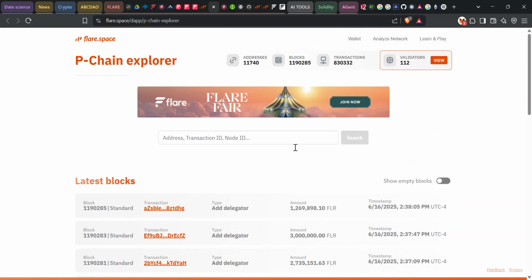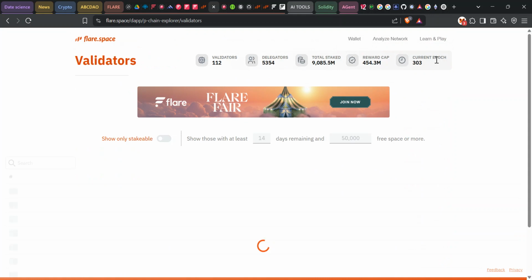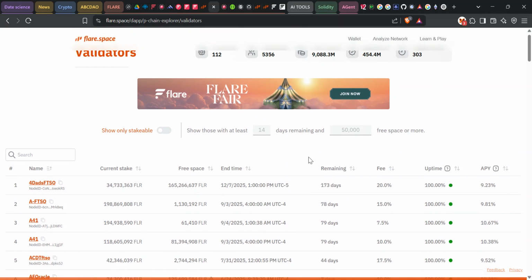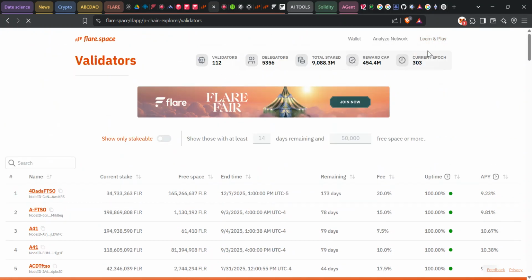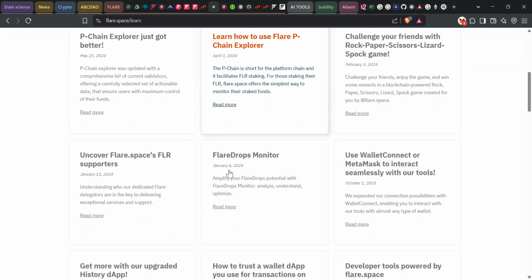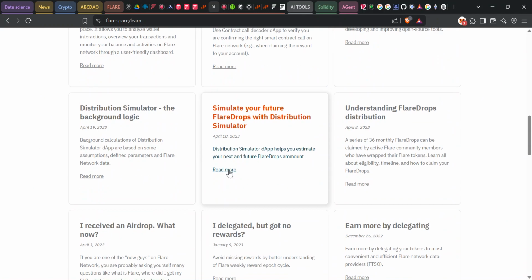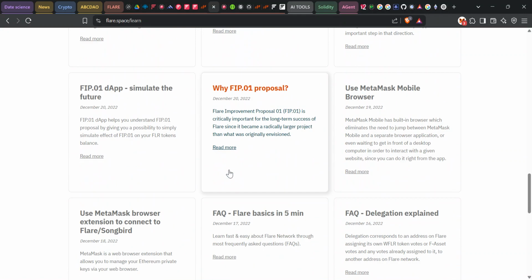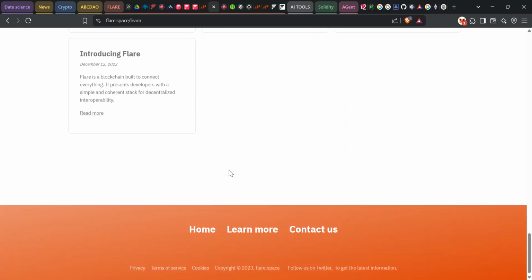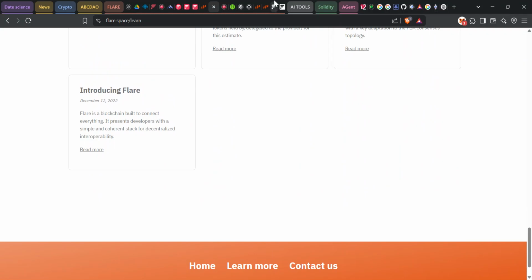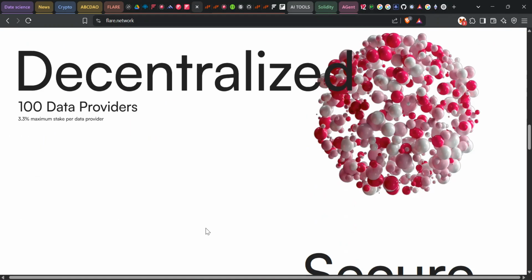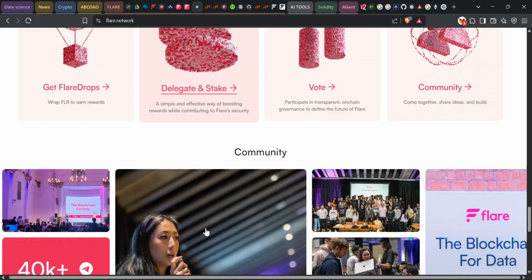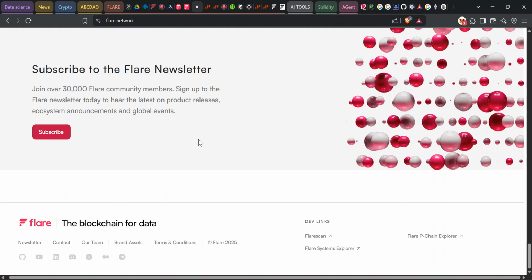We also have the validators that we can view. So you may be asking, what is a validator? Well, we are going to look into what a validator is within the resources itself. On the Flare website, you can find all of this information yourself, but as we're just going along together, we will find it together.